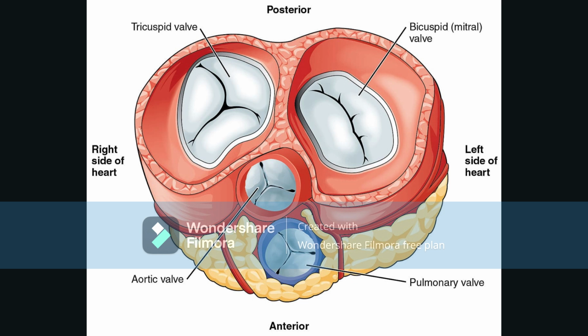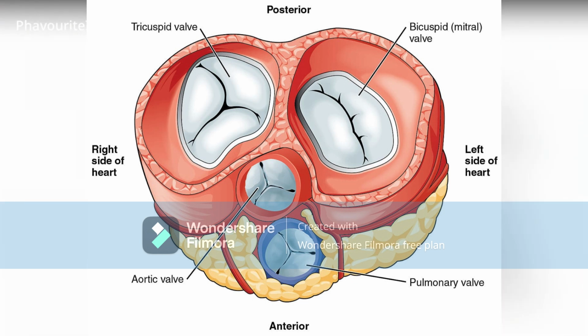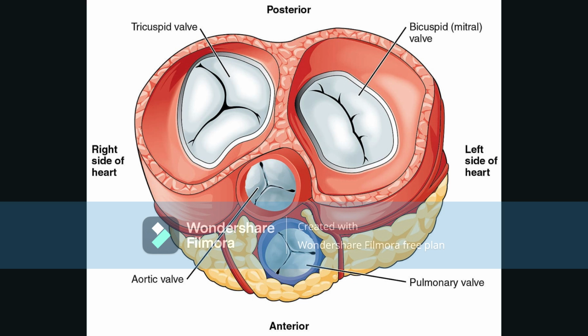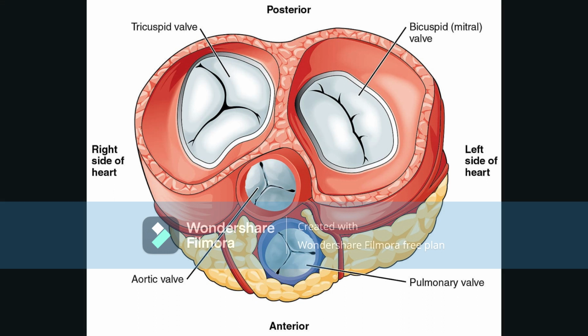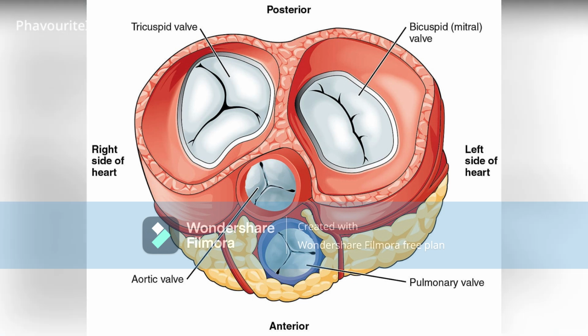There are mainly 5 valves of the heart, which are divided into 2 categories: the atrioventricular valves and the semilunar valves. The atrioventricular valves include the tricuspid valve and the mitral valve, which is also called the bicuspid valve. They are located between the atria and the ventricles.